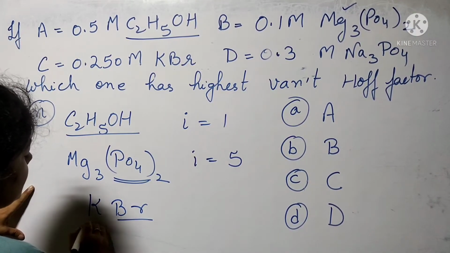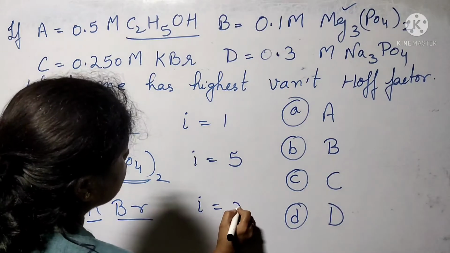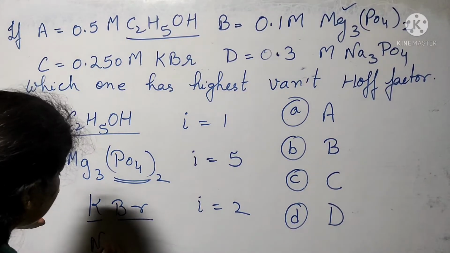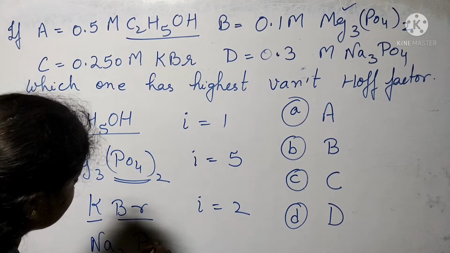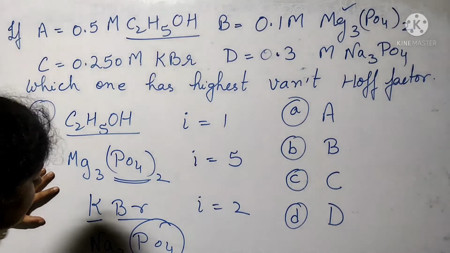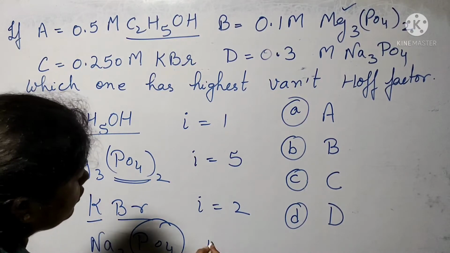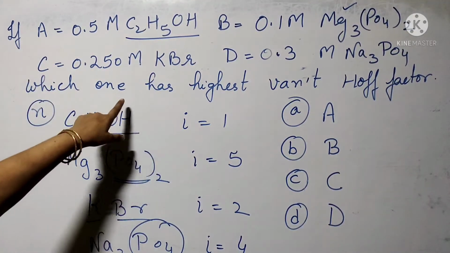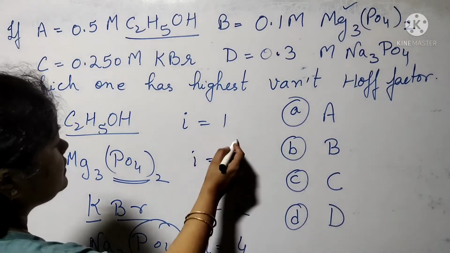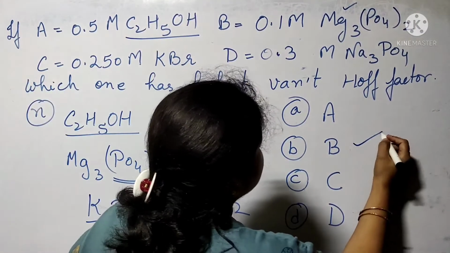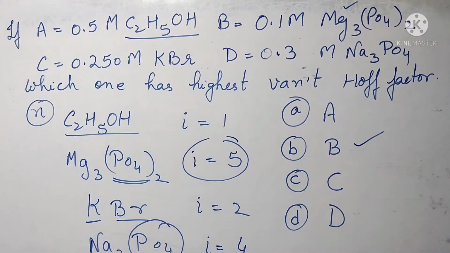Here 2 ions are there, so the value of i is equal to 2. Next we have Na3PO4. This is overall 1 phosphate ion and 3 sodium ions, so overall i is 3 plus 1, which is 4. So which has the highest Van't Hoff factor? That is i equal to 5, so B is the highest Van't Hoff factor.